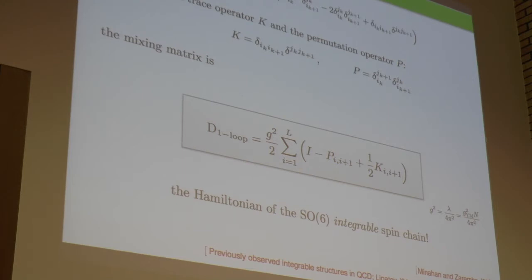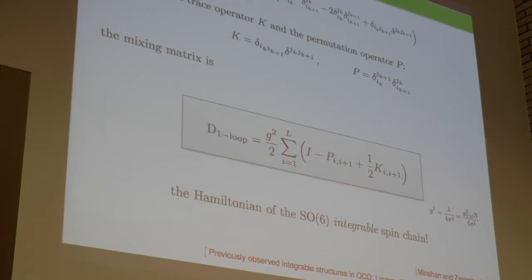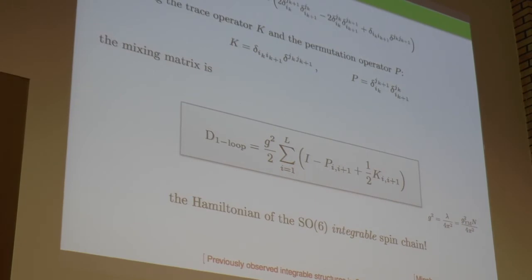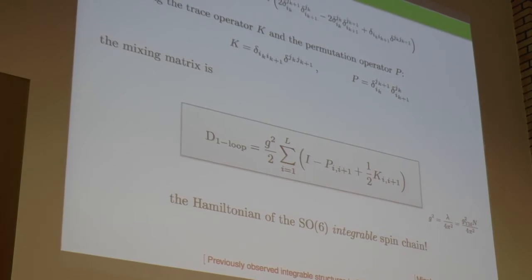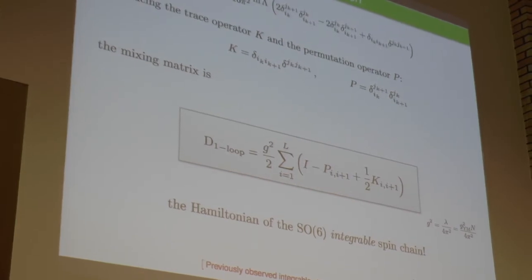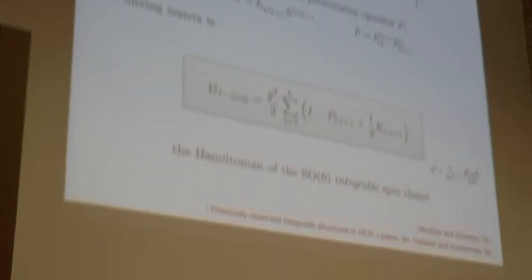And then an important observation is that, looking at this dilatation operator as an operator acting on the states of the spin chain, which I presented before, this dilatation operator can be identified, nothing else, as the Hamiltonian of the so-called integrable SO(6) spin chain. Okay, so this is an important observation. So the dilatation operator appears to be the same as the Hamiltonian of the SO(6) integrable spin chain.